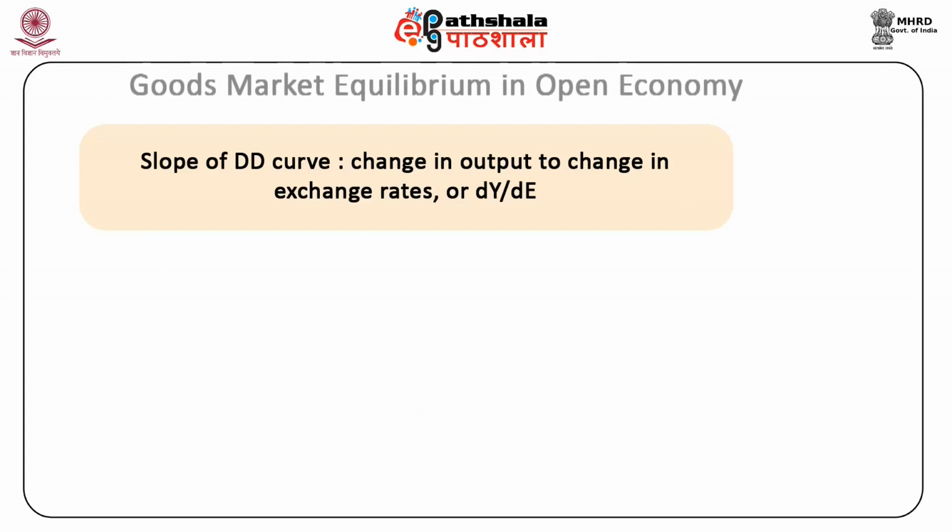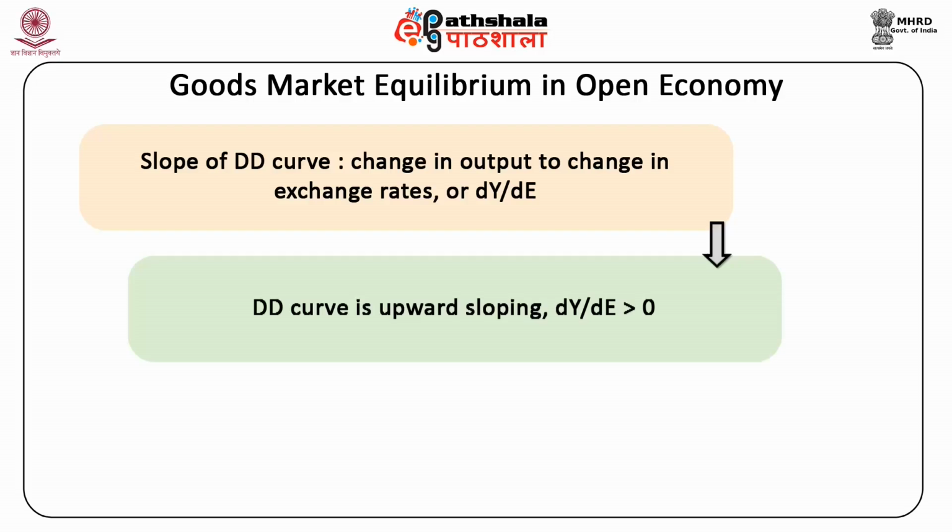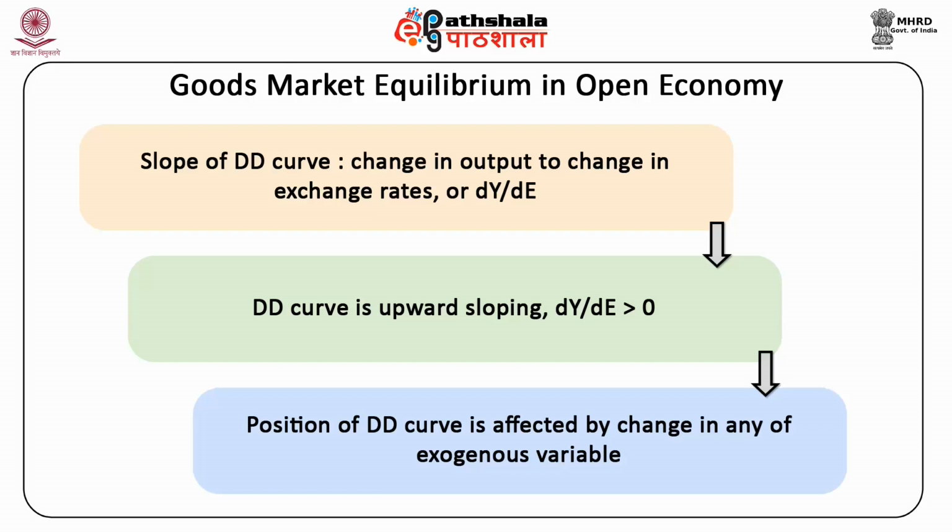The slope of DD curve is given by the change in the output to the change in the exchange rates, or delta Y by delta E. Since DD curve is upward sloping, delta Y by delta E should be greater than 0. The position of DD curve is affected by the change in any of the exogenous variables like change in investment demand, government expenditure, domestic or foreign price level, change in taxes, or a change in domestic or foreign demand functions.